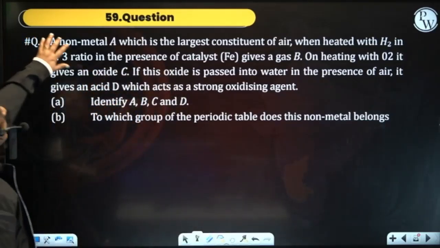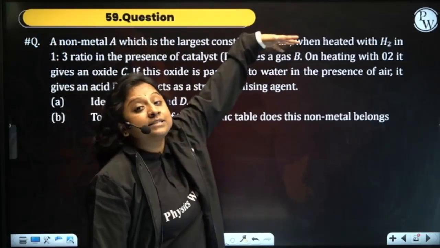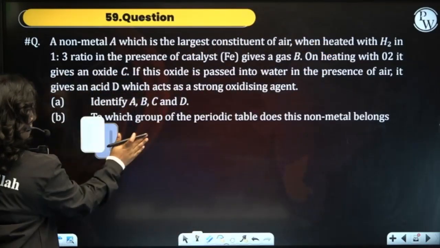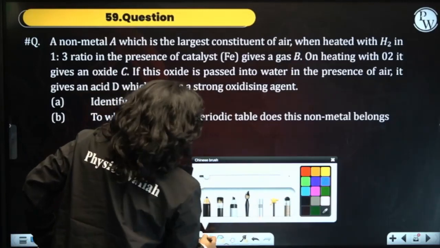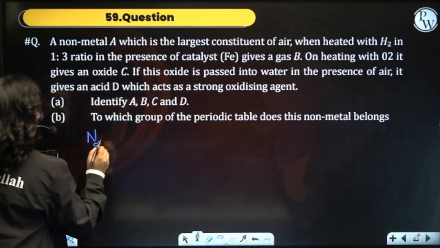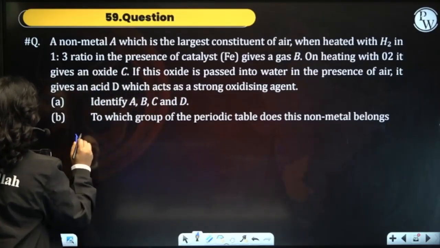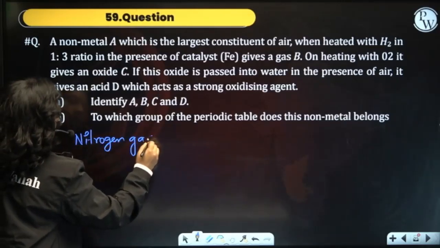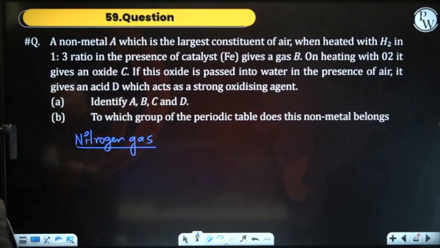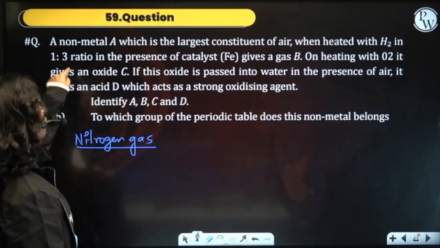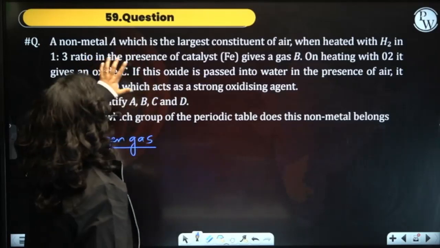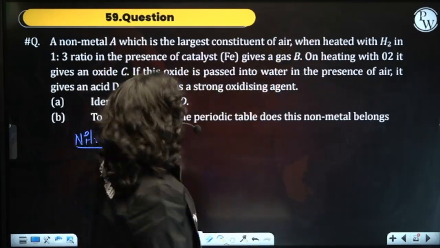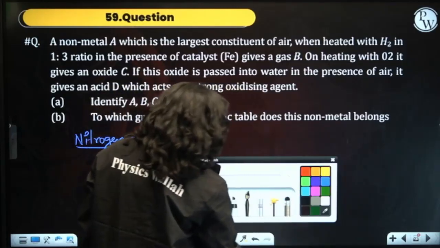59th question, let's read the question now. A non-metal A, which is the largest constituent of air, what is it? Nitrogen. Nitrogen gas, when heated with H2 in the ratio of 1:3 in the presence of catalyst Fe, gives a gas B. This is a little bit higher order, so I will explain as I go.